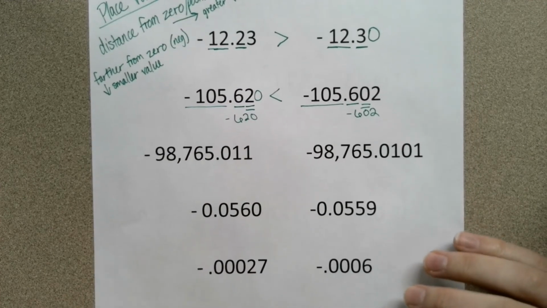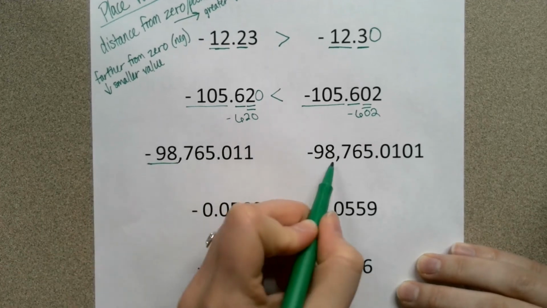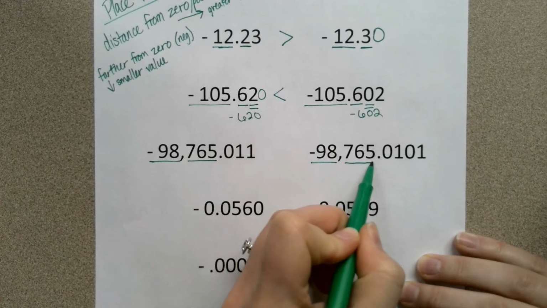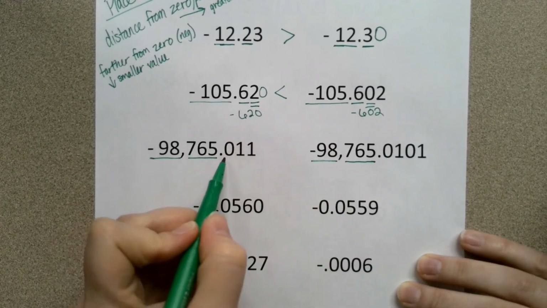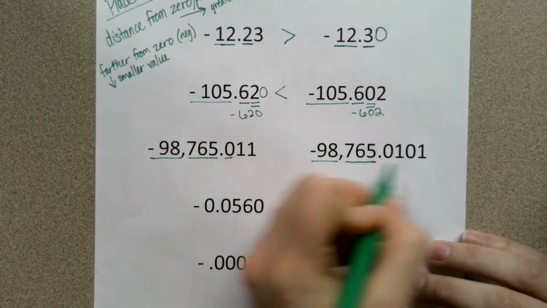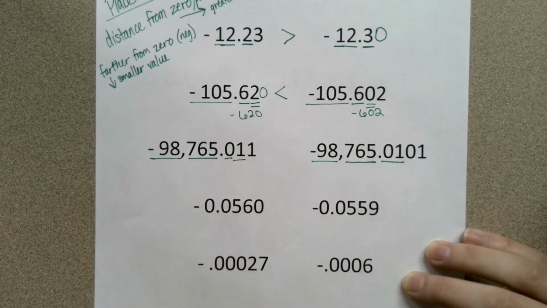If we look at the next one, we have both negative 98,000. Both of them are 765, so both of those place values match. When we get to those decimal place values, that's where it may differ. 0 in the tenths place, 1 in the hundredths place.